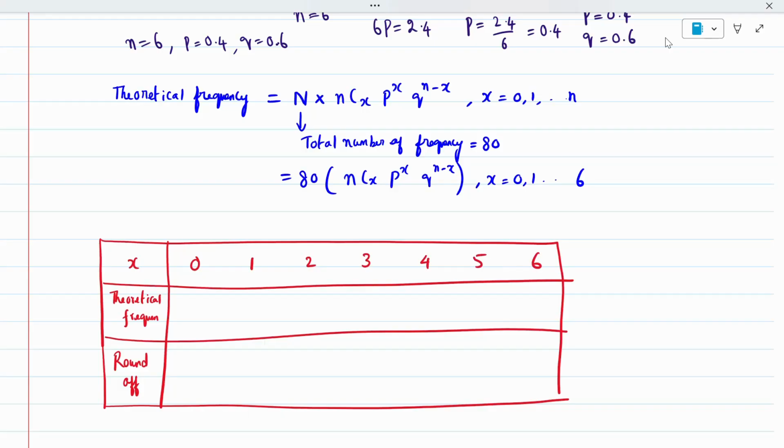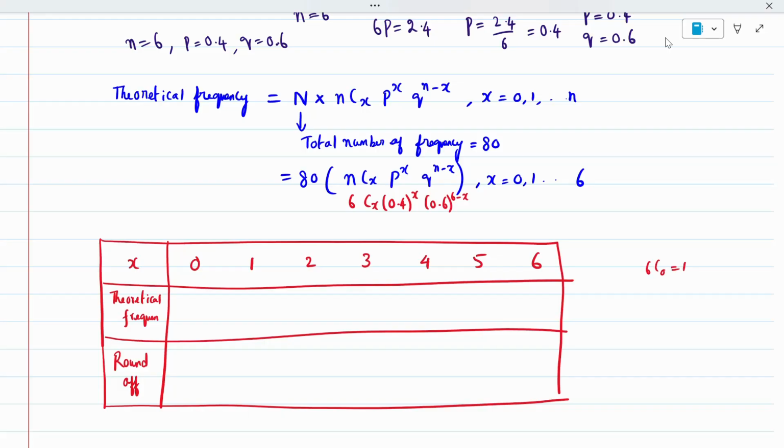Now put n, which is given in the question as 6: 6Cx, p already calculated as 0.4 the whole power x, q already calculated as 0.6 the whole power n minus x, so 6 minus x. Now substitute x equal to 0. 80 into 6C0, which is 1, and anything power 0 is also 1.